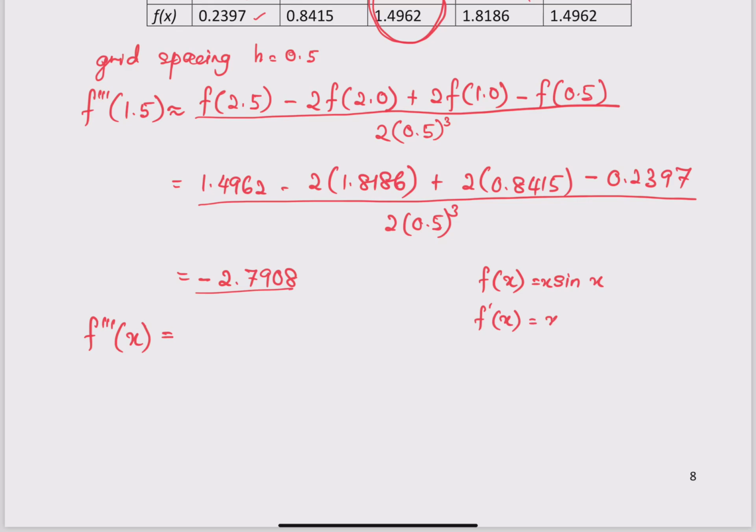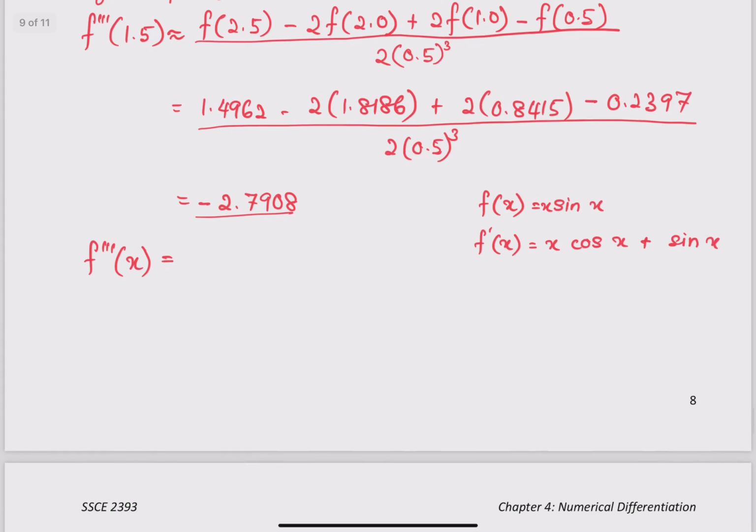The function f(x) is x sine x, and the first derivative is x cos x plus sine x. Then the second derivative is x times negative sine x, plus cos x plus cos x.